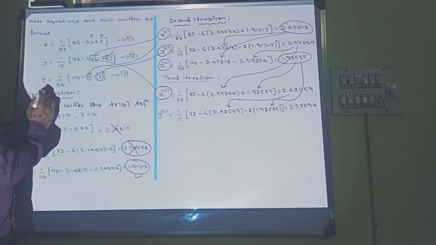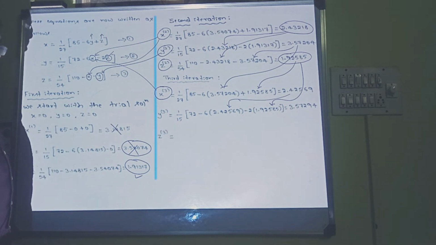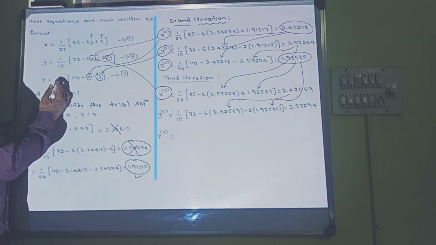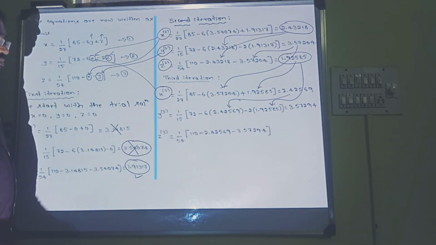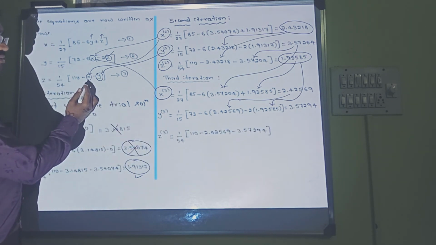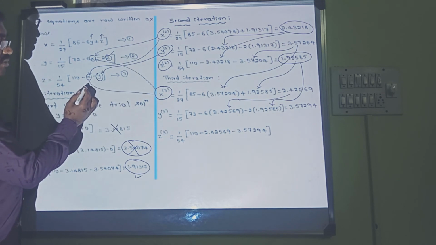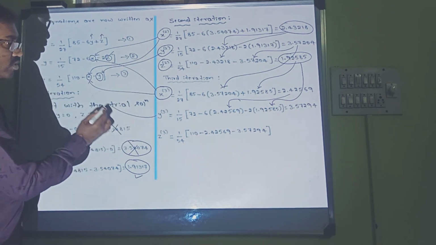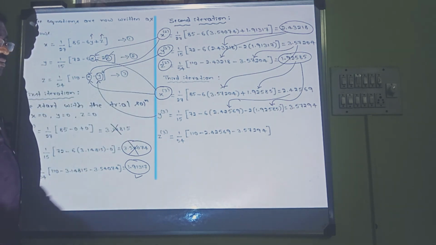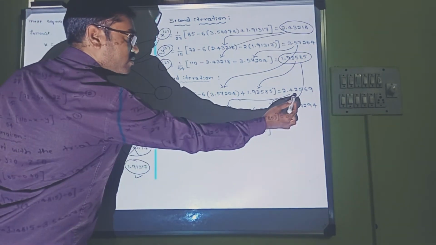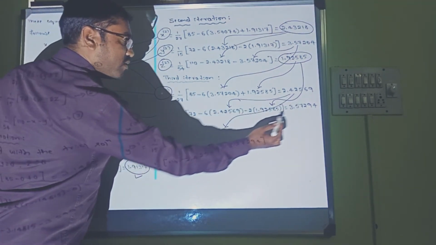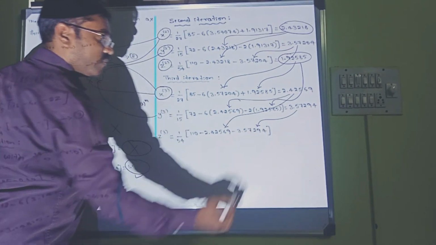Now let us find the new value of z in the third iteration. z3 is equal to 1 by 54, 110 minus x. X is the improved one, we will take this now, and y is also improved, we will take this here. Here we have taken x, and y we have taken.